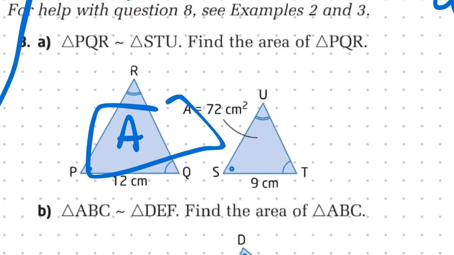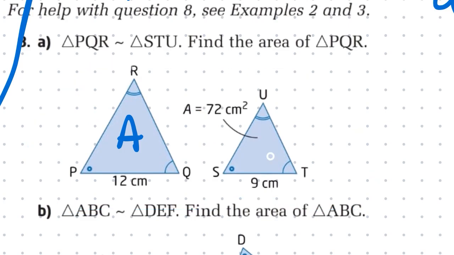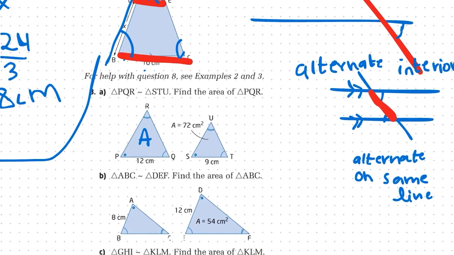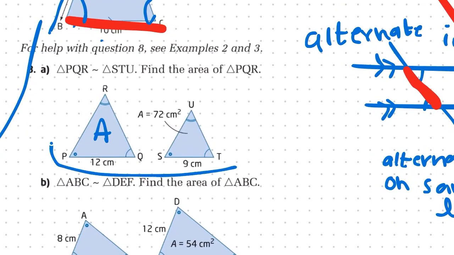First write all the formulas which are relevant to this question. K squared equals ratio of corresponding areas. That is one thing. And what else can we use? K equals ratio of corresponding sides.